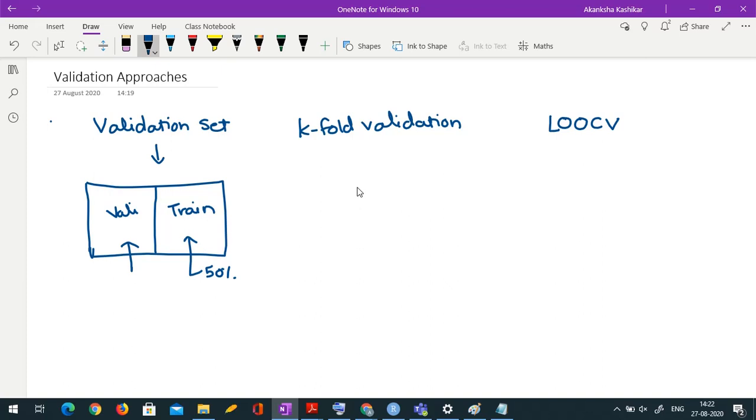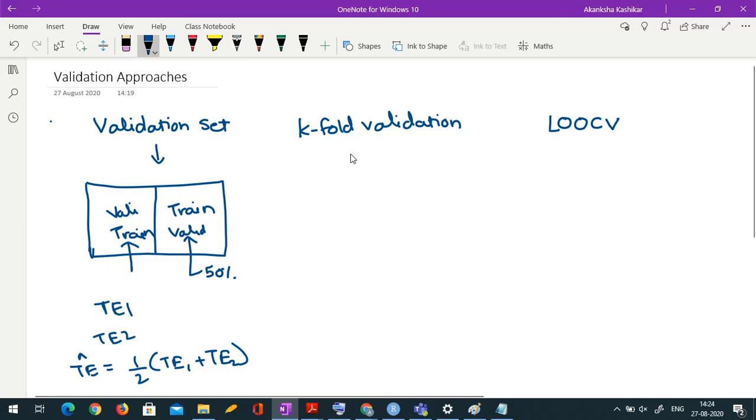We can do averaging: in the next iteration, we keep this as train and that as validation, and repeat the same thing. So we will get two estimates of test error, test error 1 and test error 2, and the final estimate of test error would be the average of these two estimates. Is it okay? This is what we do in the validation set approach.